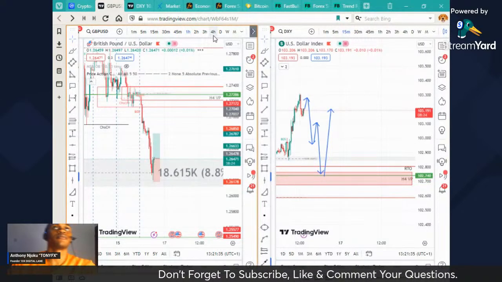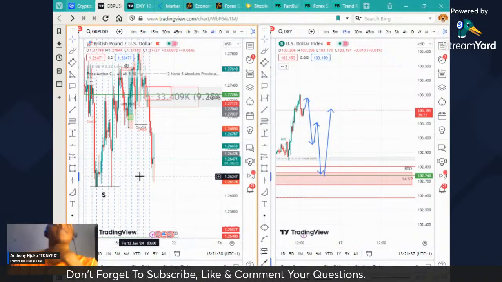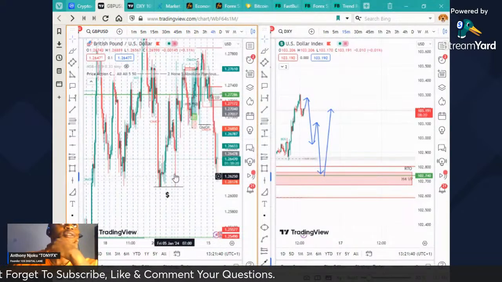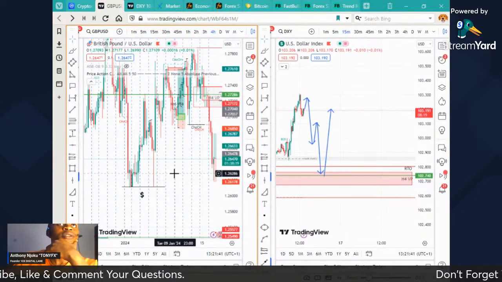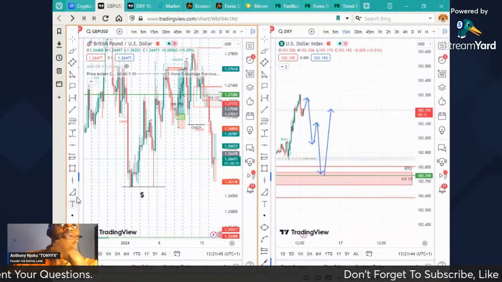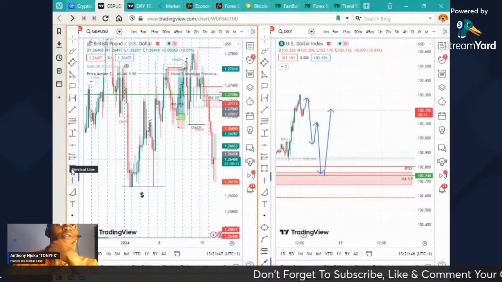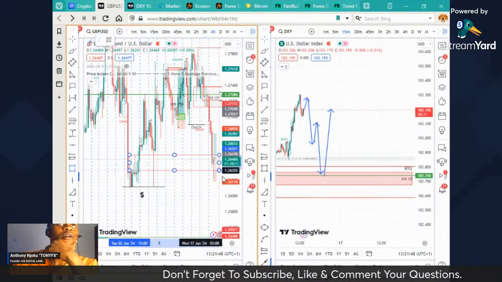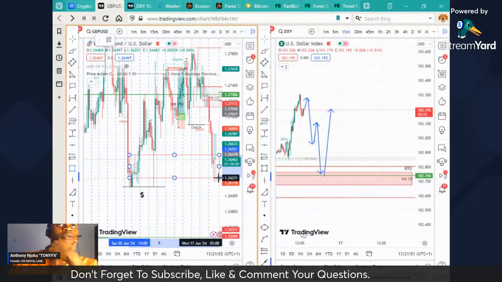Okay, and I can see there is a zone here. This zone.